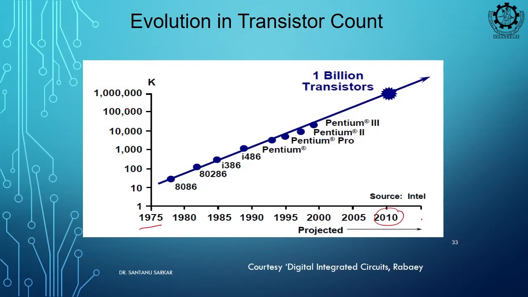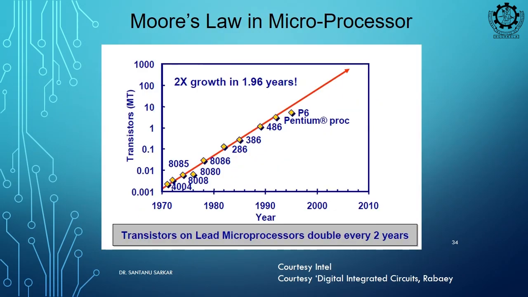As we progressed year wise, we can see how the number of transistor count increased. This is a processor, the source is Intel, and the number of transistors is increasing throughout the years following Moore's law. This is shown for microprocessors.